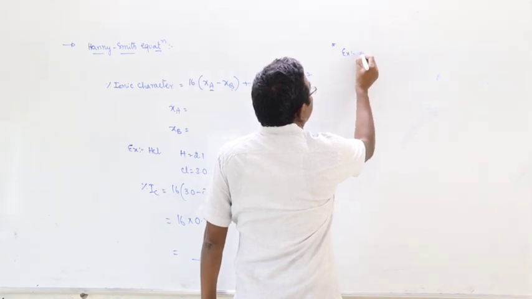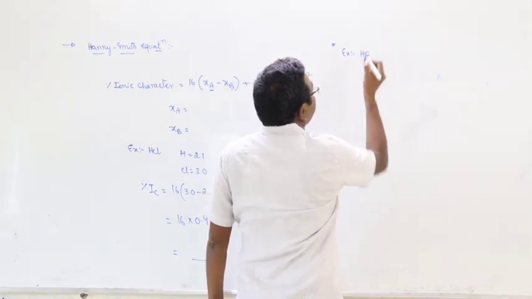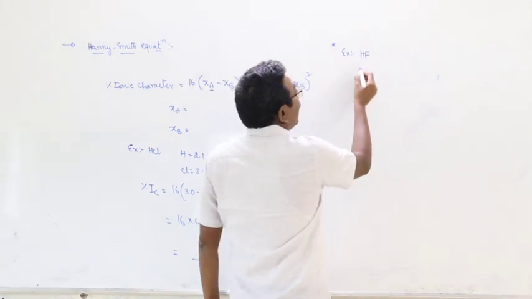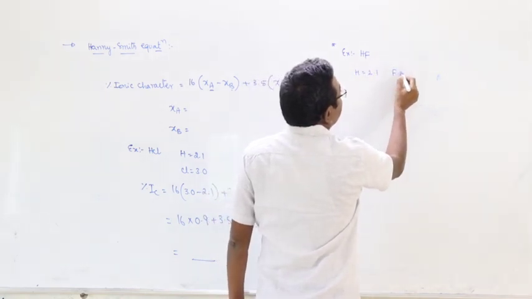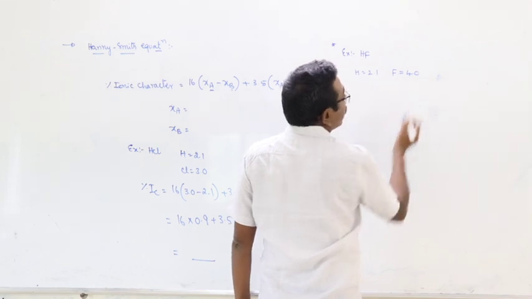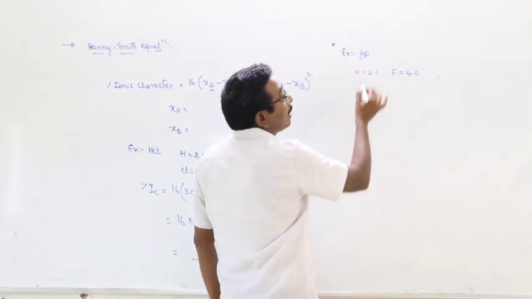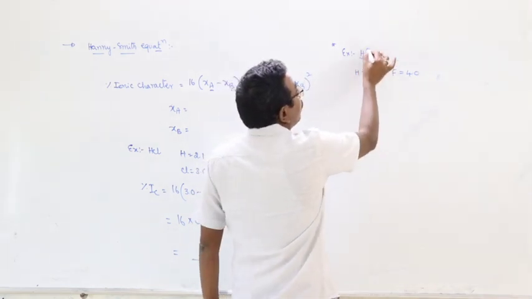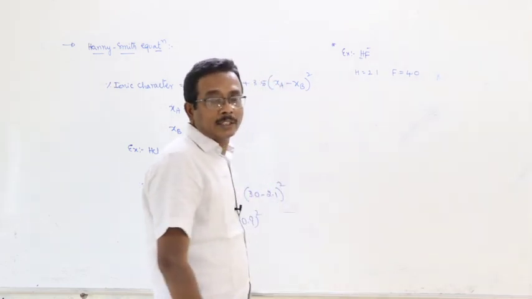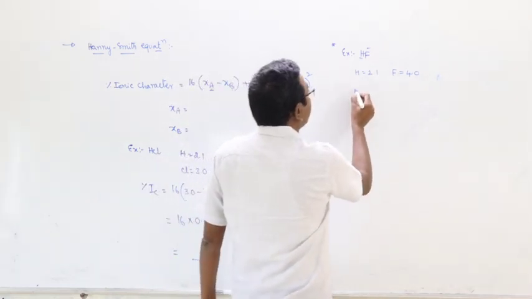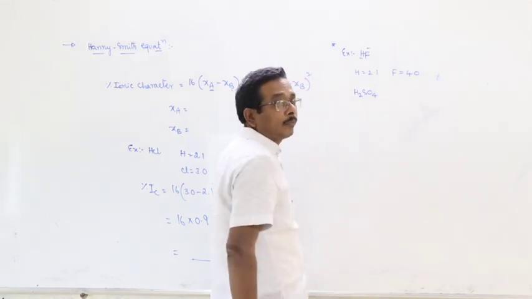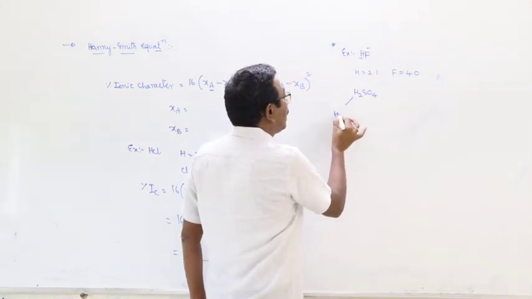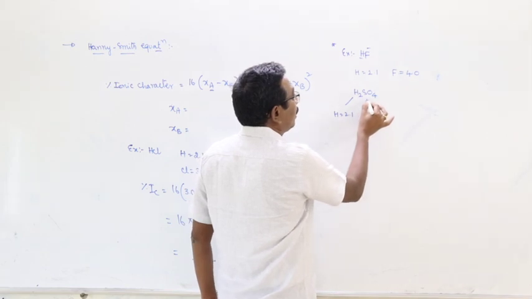Example, HF. Hydrogen electronegativity 2.1, fluorine electronegativity is equal to 4. So, hydrogen should be represented first, fluorine should be represented last. Second example, H2SO4. Hydrogen electronegativity 2.1.